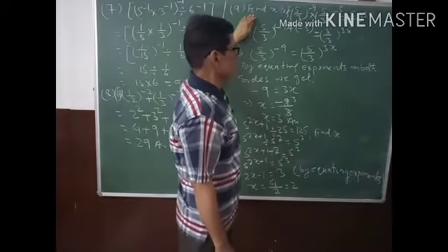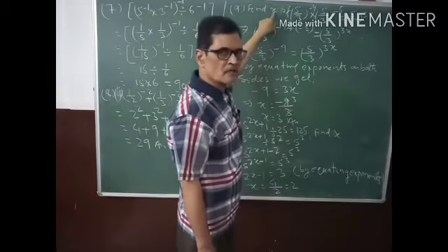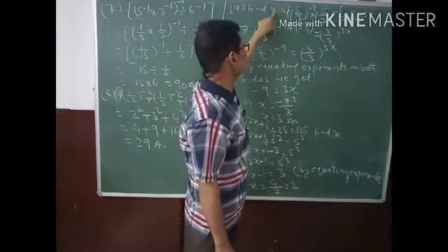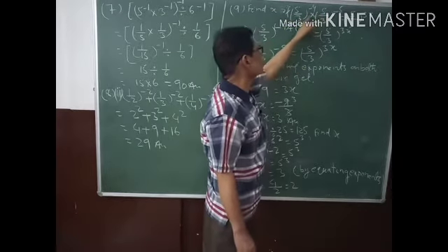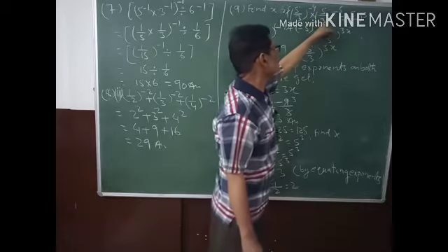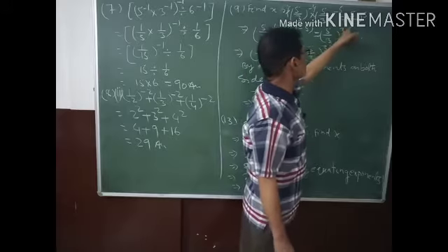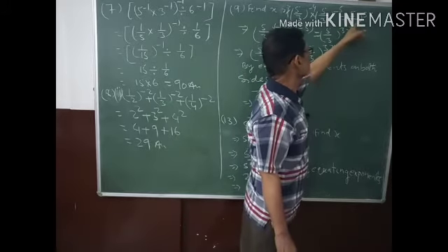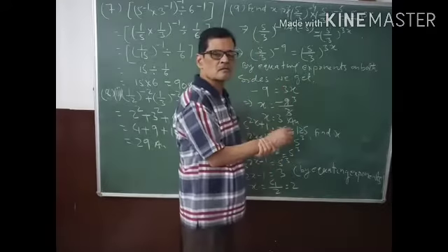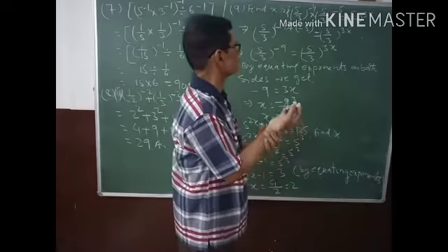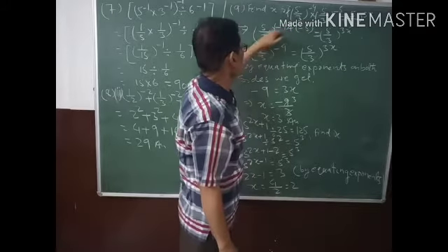Now come to question number 9. This is in equation form. You have to find out the value of x if 5 by 3 to the power minus 4 into 5 by 3 to the power minus 5 is equal to 5 by 3 to the power 3x. You have to find out the value of x. By the exponent law you can write this.